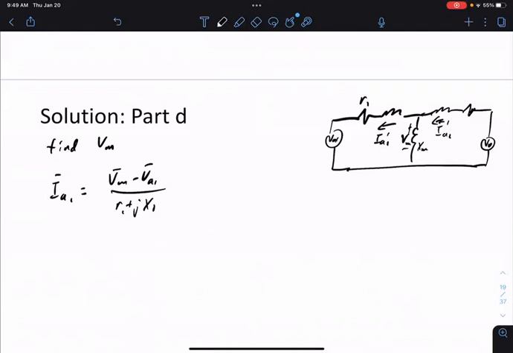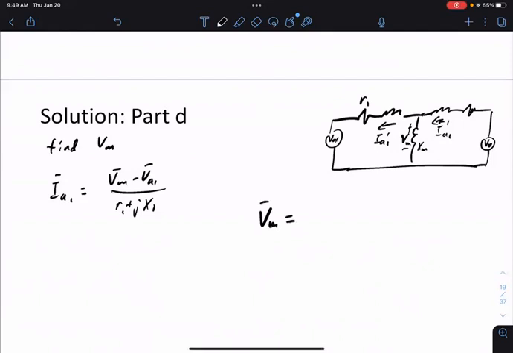To compute this voltage, we have Kirchhoff's voltage law. This voltage drop must be equal to the voltage you get by the current going through the right part of the circuit. So you look at VM. What is VM equal to?